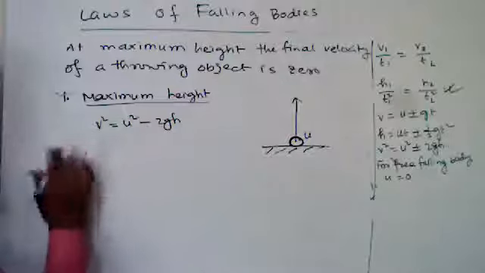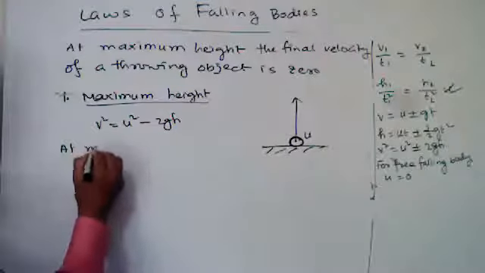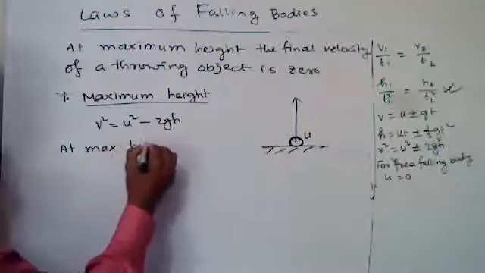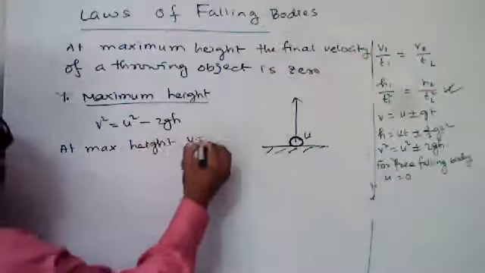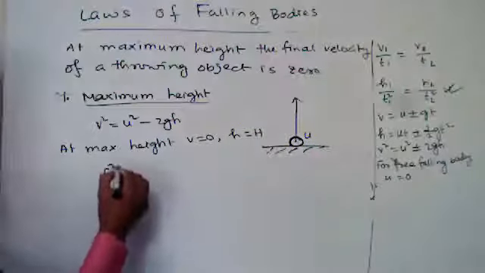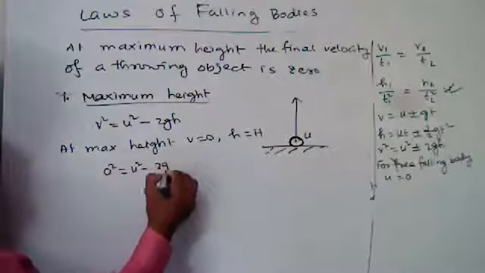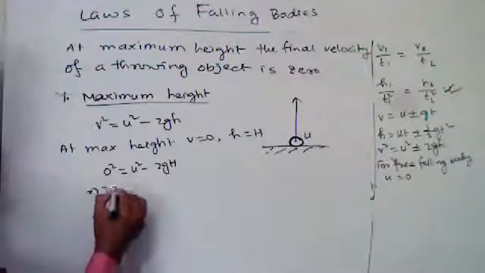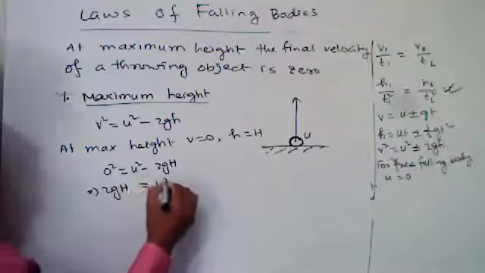At maximum height, v equals 0 and h equals capital H. So 0 squared equals u squared minus 2g capital H, so 2g capital H equals u squared.